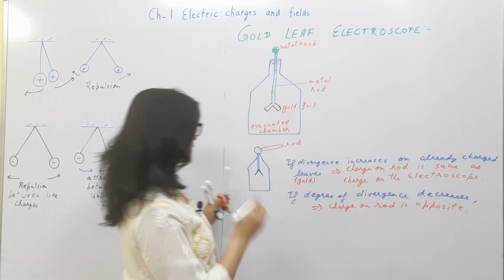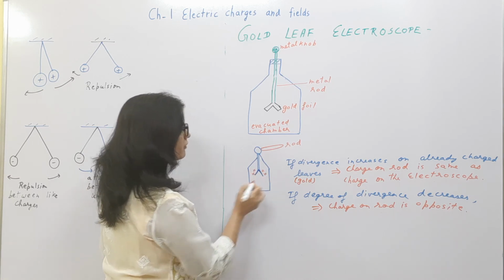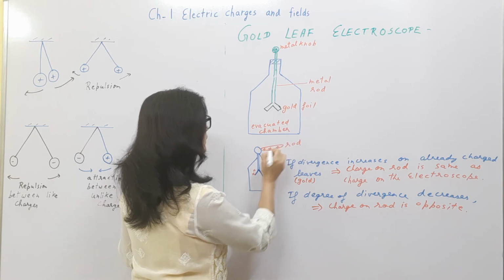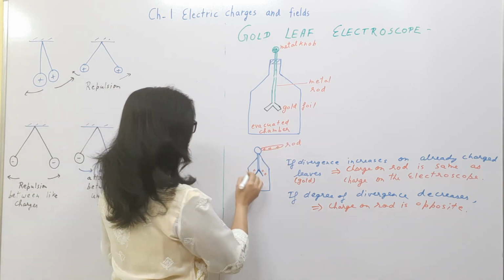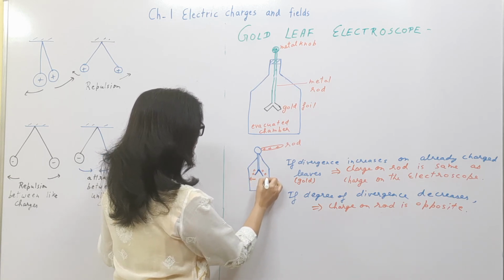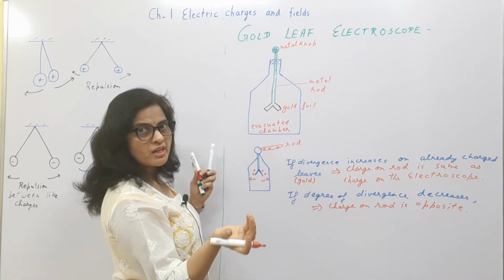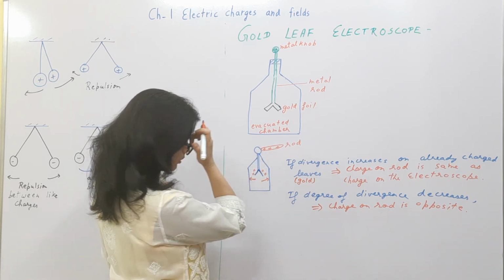Just look at this. Suppose this is plus charge which was already there on the electroscope, and if this rod is plus charge, then obviously the divergence will increase due to the repulsion between more like charges which are appearing due to this metal rod connected to the gold leaves, right?